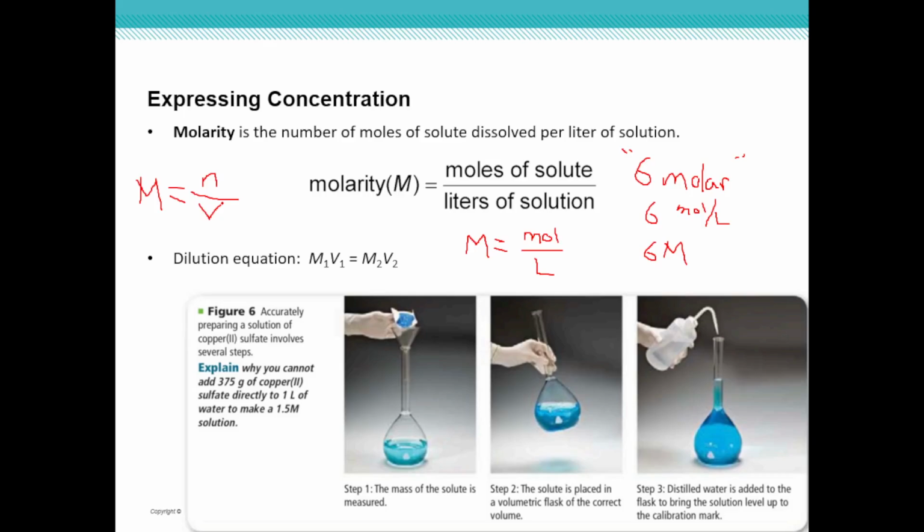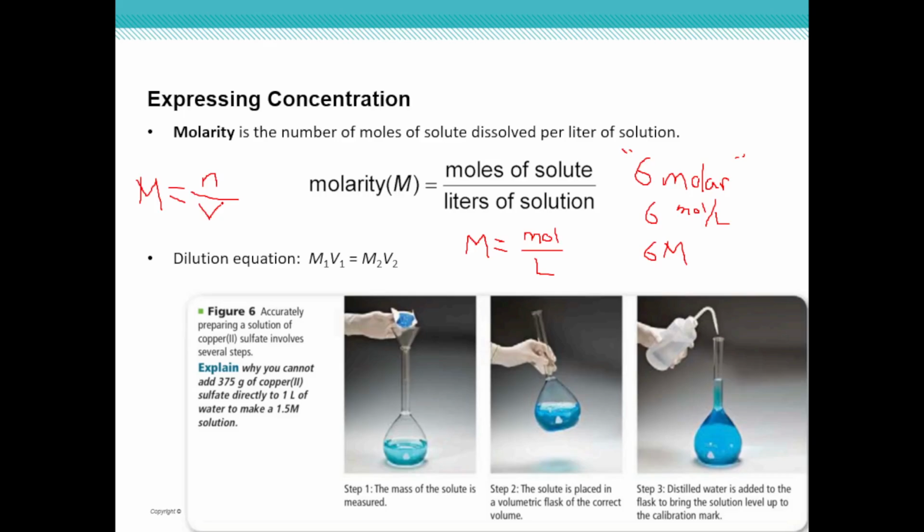So if I want a 2 molar solution and I want 500 milliliters of that 2 molar solution, and I'm starting with a 6 molar solution, I should be able to solve for how much of that initial 6 molar solution I would need to water down to the point of getting 500 milliliters.